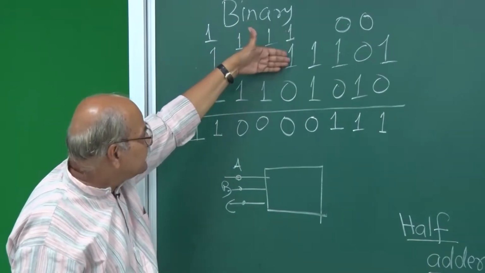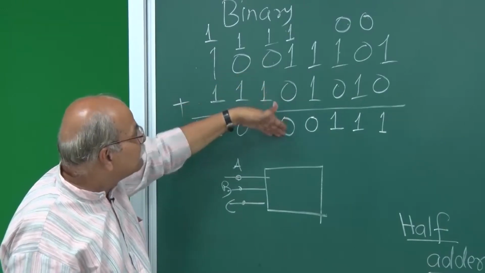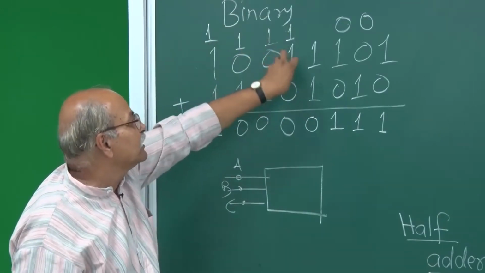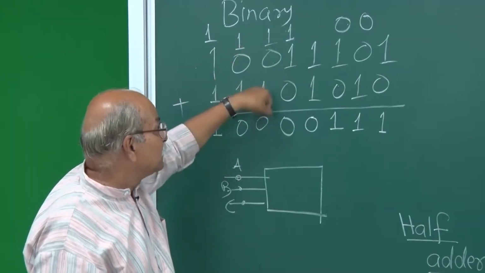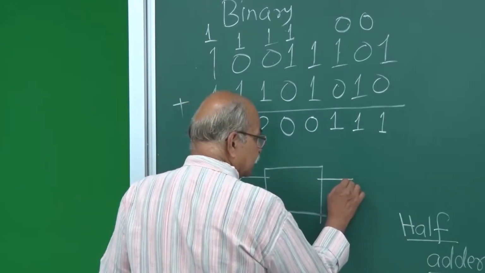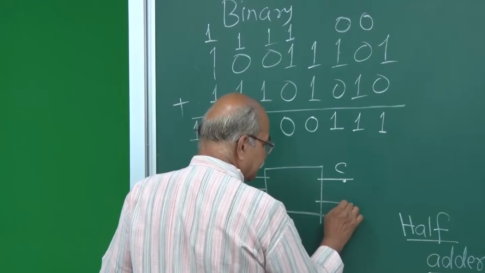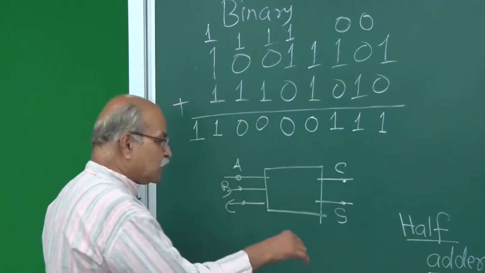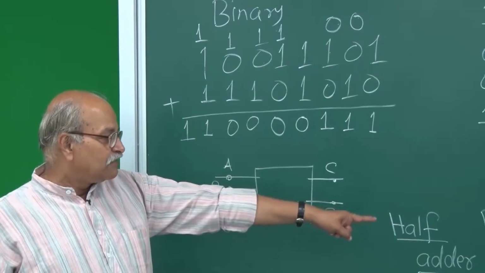So there are 3 inputs, and then I need the final sum and final carry. I don't want to remember in between what happened and then carry in my mind also. So if I have this kind of circuit designed and I need the final carry and the final sum, you can make your truth table.